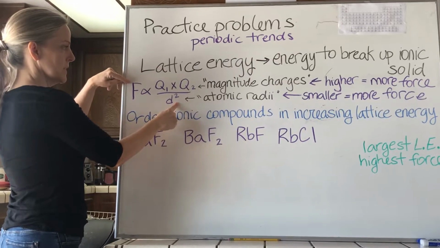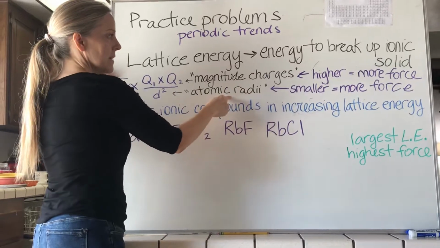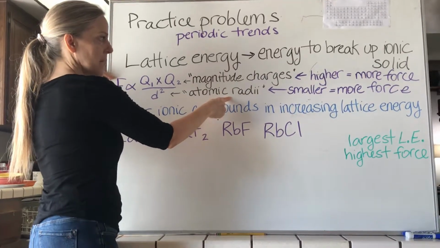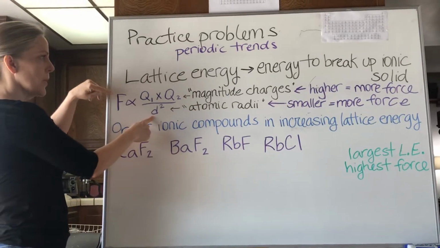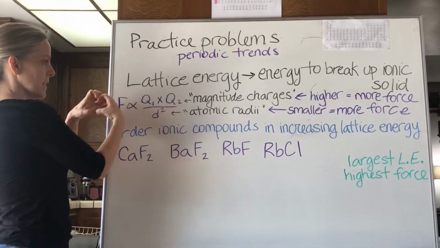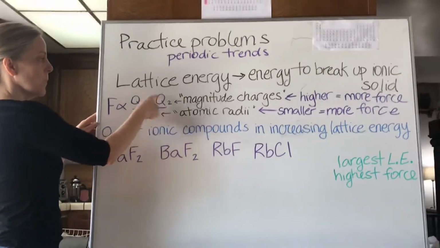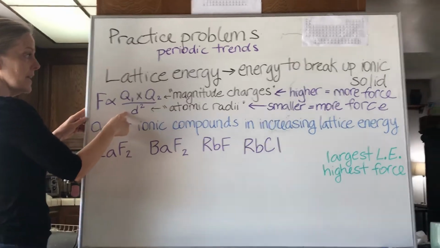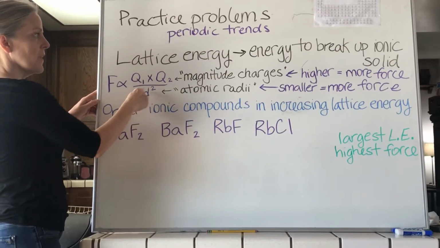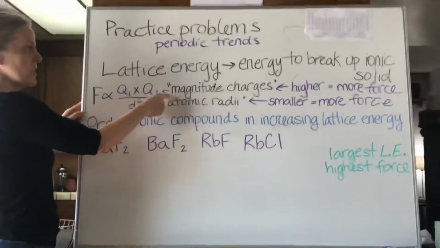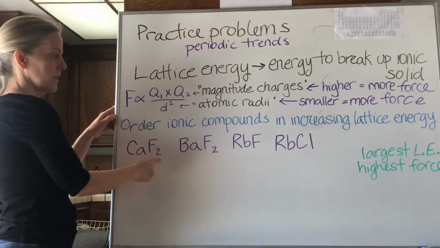The smaller the radii of that cation and anion pair, the more force is going to be put on drawing those two ions together. So this whole part is electrostatics, and it has to do with charges and distances, but for us it's going to be how big the charge is and the radii between the two parts of the salt.